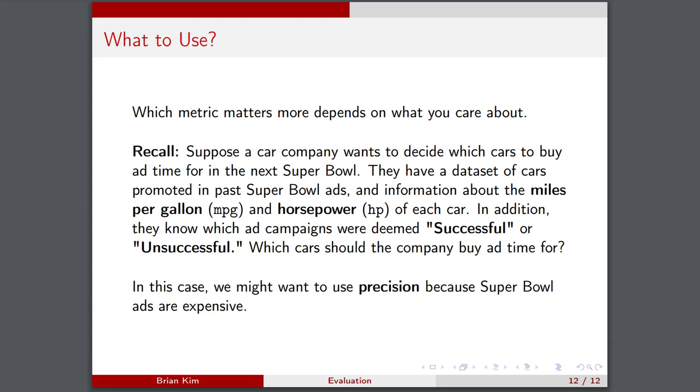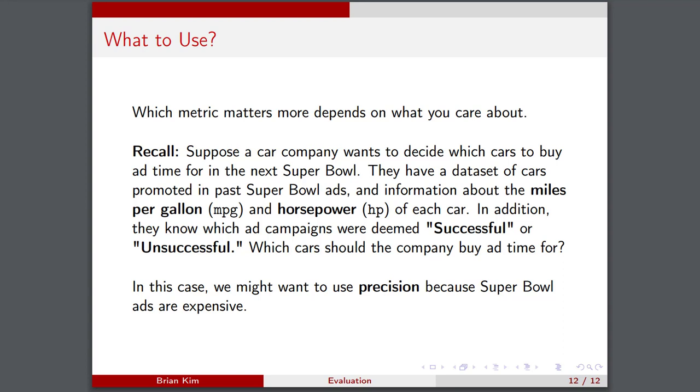When you identify something as going to be successful, you really want it to be successful, because if it's not, you're going to lose a lot of money. And so it's less important that you get that recall. Out of all the possible cars that could have been successful, you don't necessarily need all of them to be successful. What's more important is that you don't want to waste money on unsuccessful campaigns.